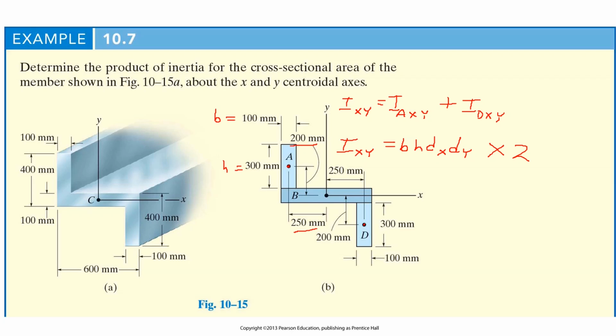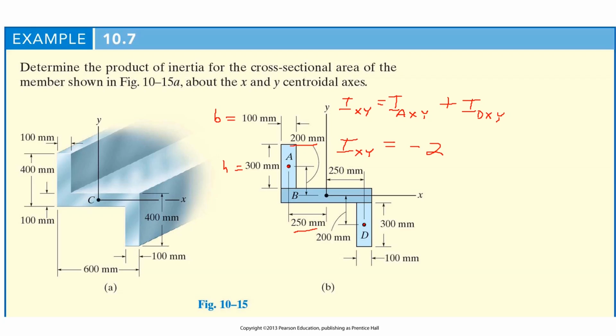So one thing to notice is we've got to pay attention to our signs now. Dx is negative here. Dy is negative here. So we've got to have the negative signs. Negative twice.